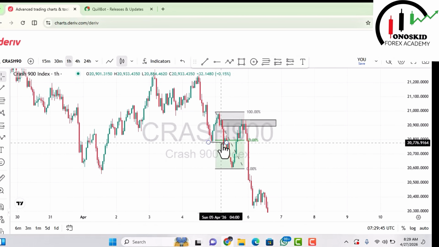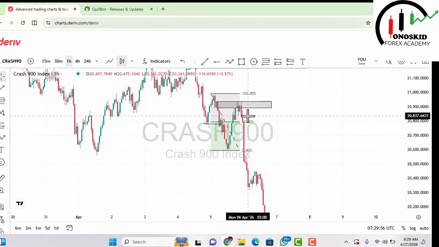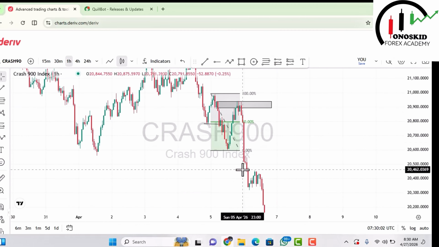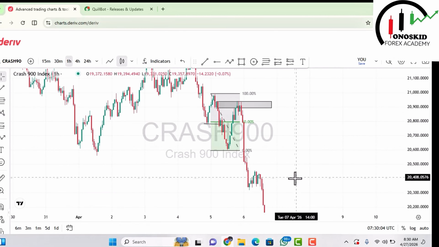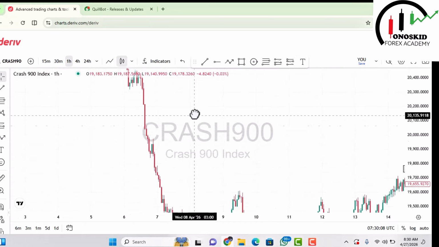After the break of structure has happened, that is above the 50%. Now this is the 50%, this is above it. The nearest supply candle is here, and that is exactly where price reacted. And look at all this huge move that you're seeing. It happens because of the spike that I talked about, and the spike is happening in your direction, and before you know it, your TP will be smashed.